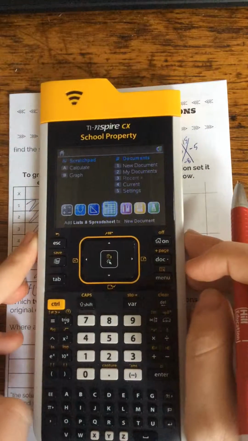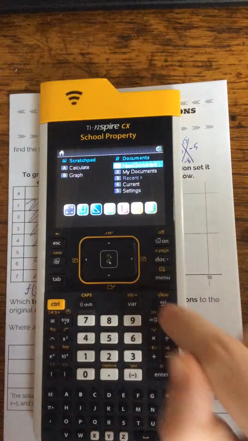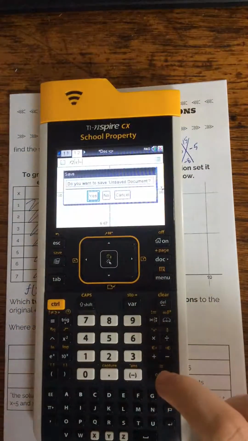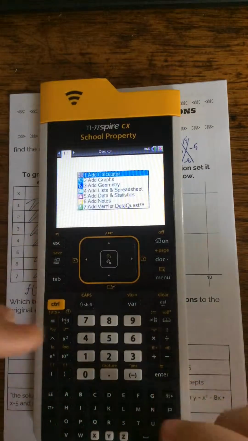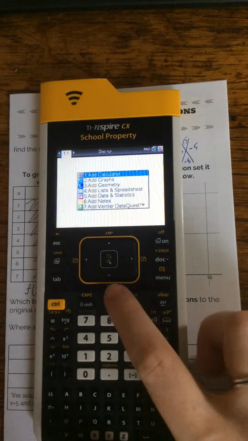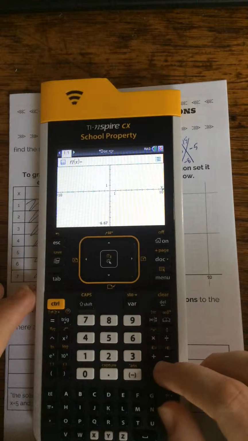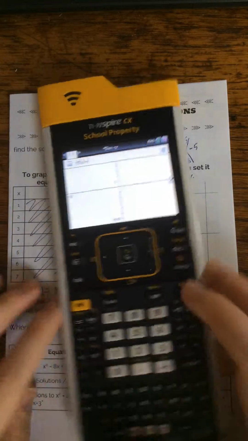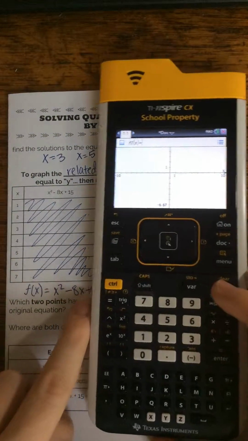So you can get your calculator, and the first thing we can do is open a new document, hit enter. Do you want to save the old document? No. When we plug in a new document, we can go down to add a graph page. So the first thing I want to do is plug in this x squared minus 8x plus 15.